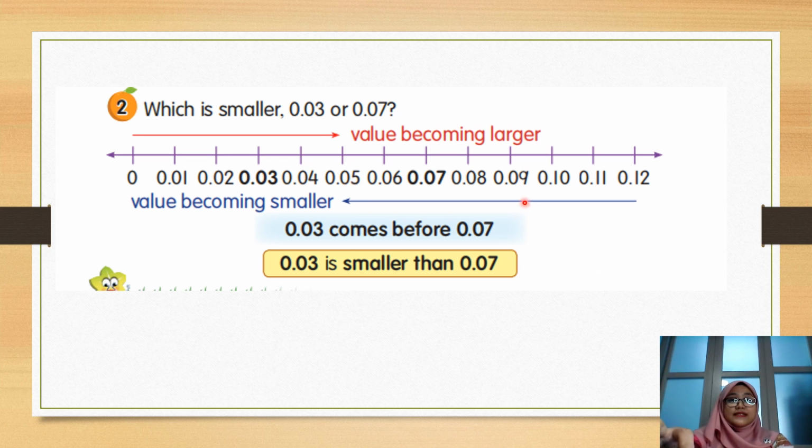Look, 0.09 comes after 0.05, means 0.09 is larger than 0.05. Can you get it? Good.